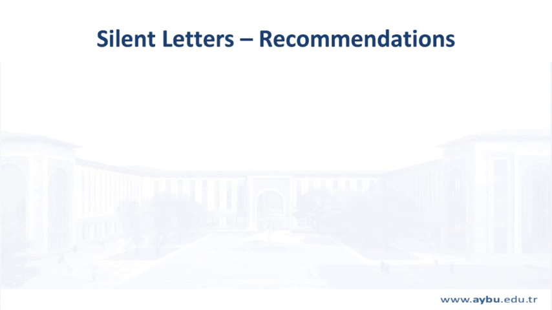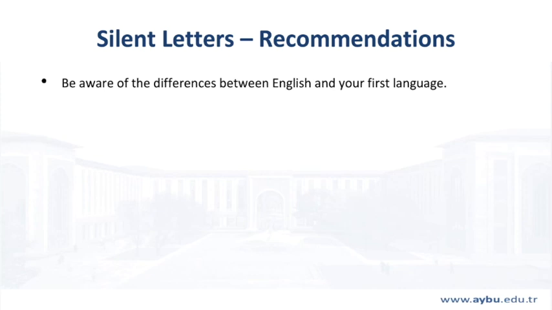Finally, I'd like to give you a couple of tips to deal with silent letters in English easily. As I mentioned in the beginning, you should be aware of differences between your first language and English. This could help you realize them faster when you encounter them again. Also, you should do various types of listening activities in English.